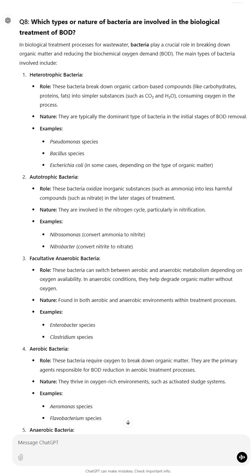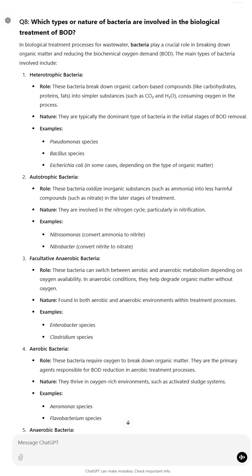These bacteria break down organic carbon-based compounds like carbohydrates, proteins, fats into simpler substances such as CO2 and H2O, consuming oxygen in the process. Nature. They are typically the dominant type of bacteria in the initial stages of BOD removal. Examples: Pseudomonas species, Bacillus species, Escherichia coli, in some cases depending on the type of organic matter.